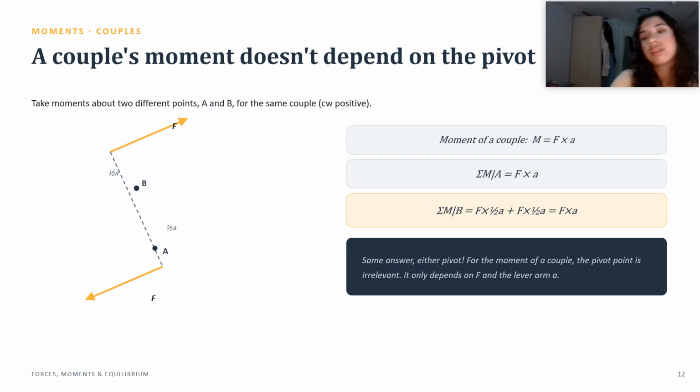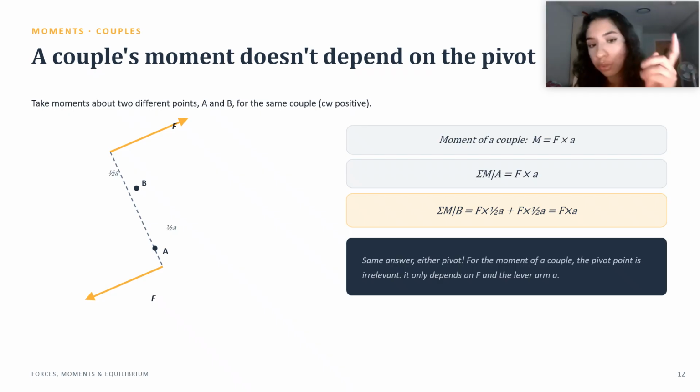If we find the moment about A, so sorry, there is little a and there is capital A, I know, okay? What we do is F times A, but the force on B, you get F times half A plus F times half A, okay? Because then you have the force on top and the force on the bottom acting on it. So what do we learn from this?